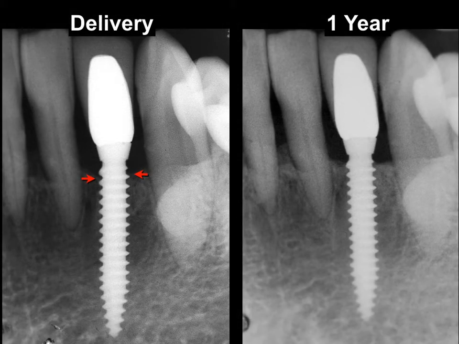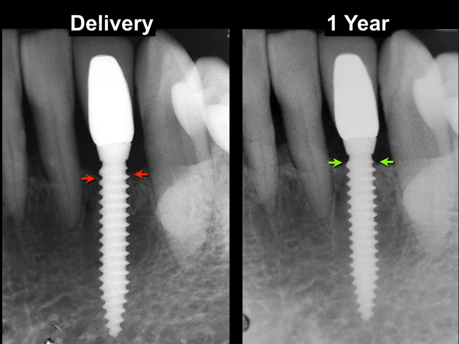On this radiograph, if you look at the red arrow, at the time of the final restoration delivery, bone was at the level between the first and second thread on the mesial side, and maybe the second thread on the distal side. At the time of 1-year follow-up, you can see the bone level on the mesial side at the first thread, as well as first thread attachment of bone on the distal side.